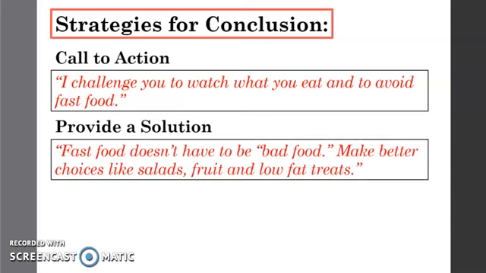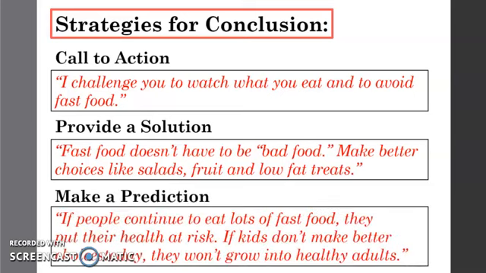For example, I challenge you to watch what you eat and to avoid fast food. Call to action. And then provide a solution. When we say provide a solution, you need to provide an answer to the problem. And as for making a prediction, you explain what might be the consequences of action or inaction.